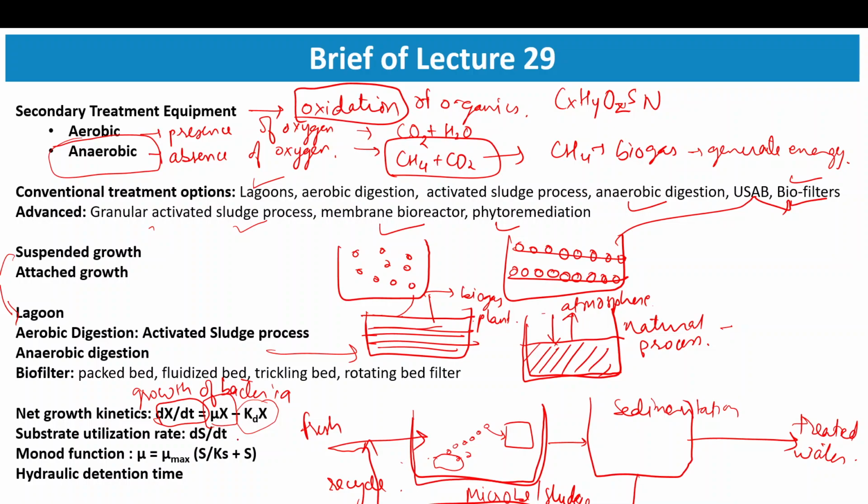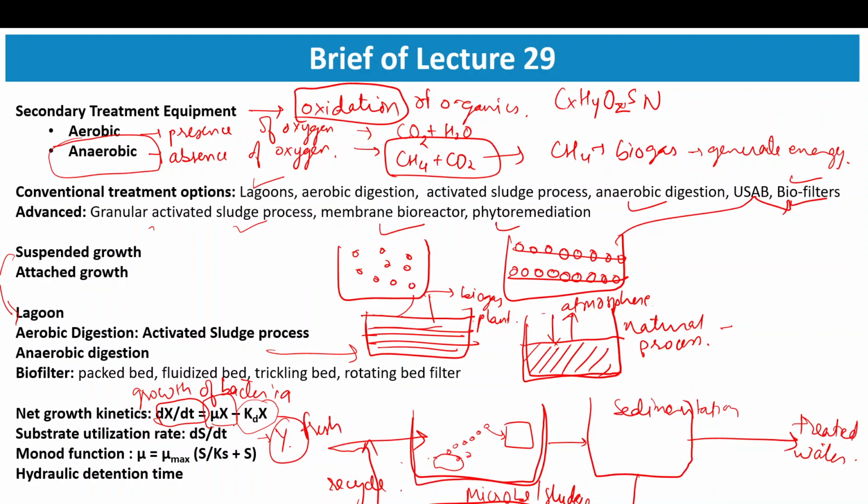Now, this growth will depend on the substrate or the organic which is present. So the more the substrate utilization rate, you can relate the growth of bacteria with substrate utilization rate by a factor called yield factor Y, which is nothing but what amount of substrate is utilized to form what amount of bacteria. So that ratio is nothing but Y, yield.